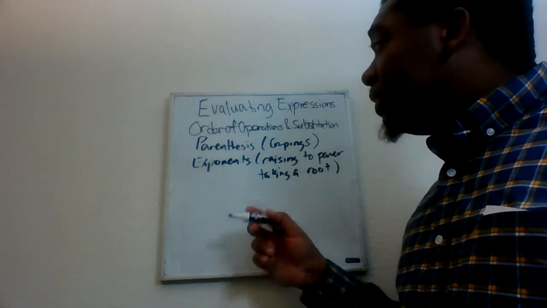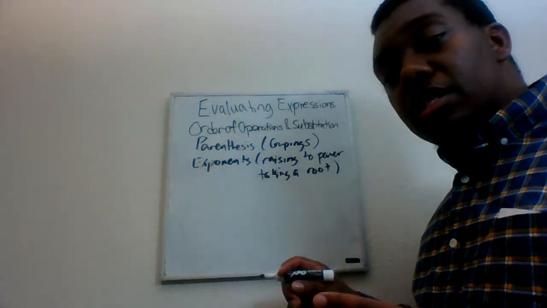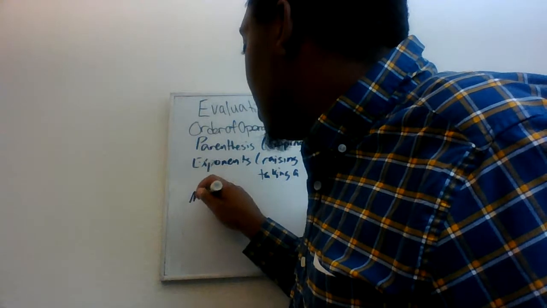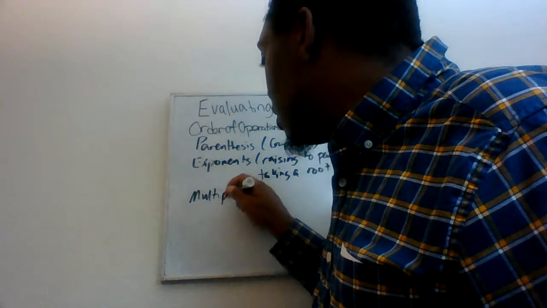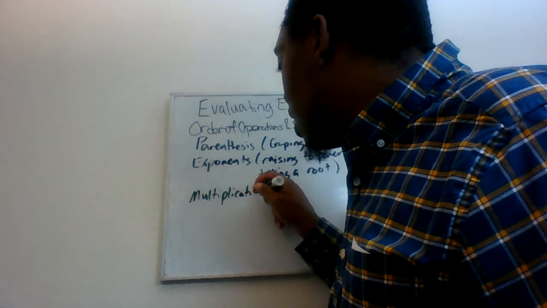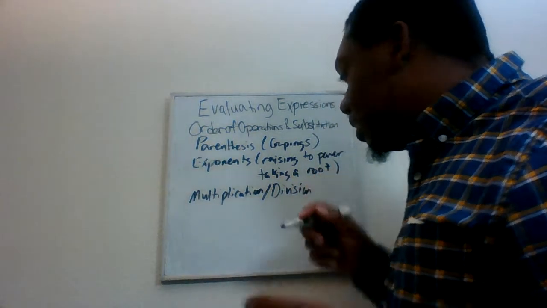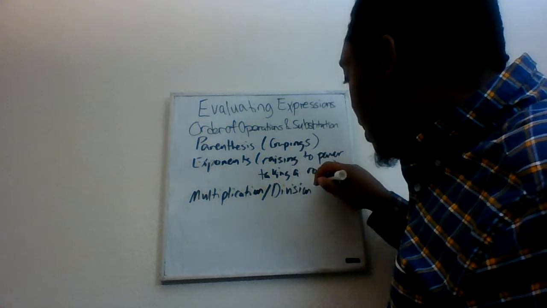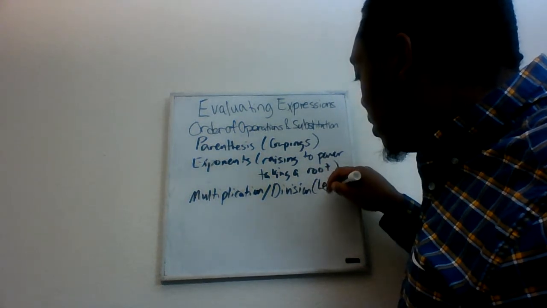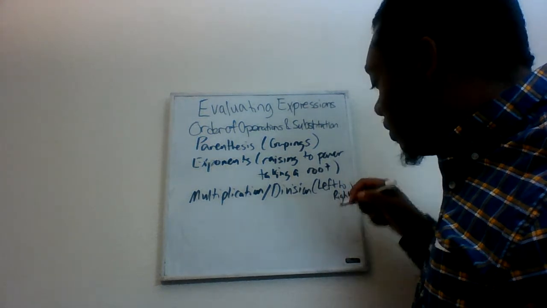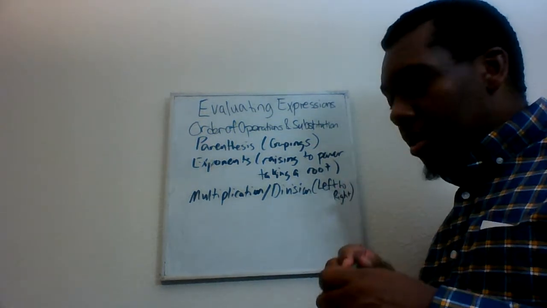After you have your exponents, we look at two operations together to see which one occurs first from left to right. That's multiplication and division, and this is done from left to right. The reason again is so we can have that order in the process.